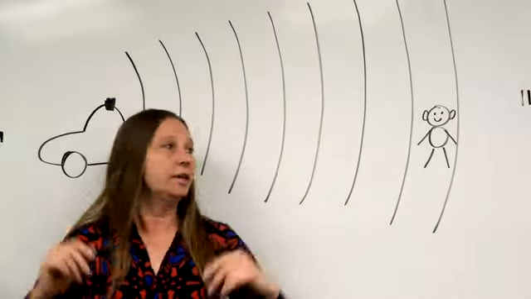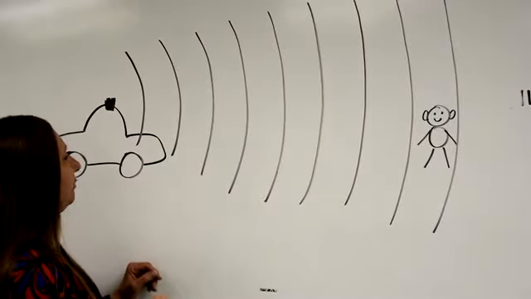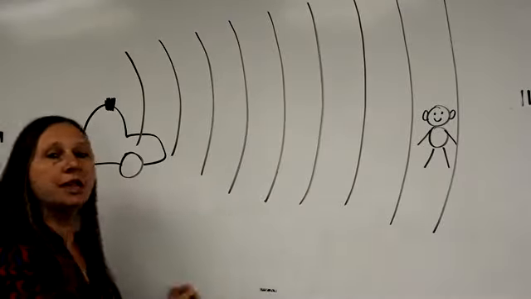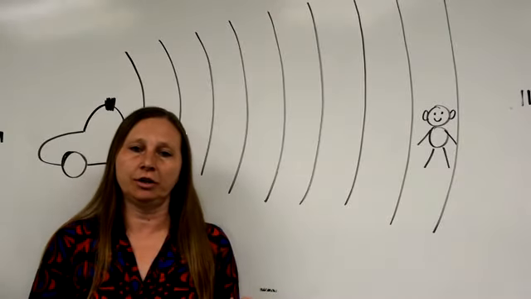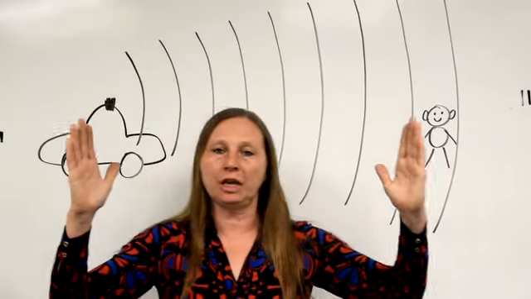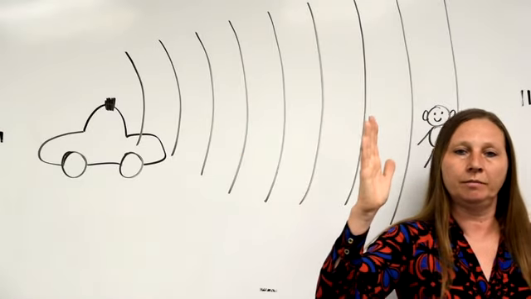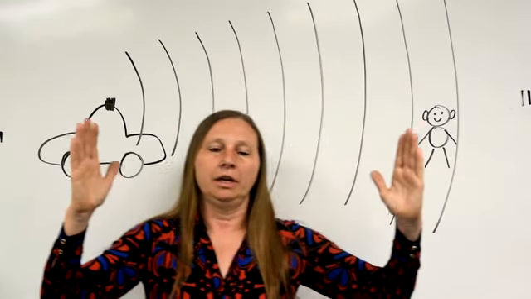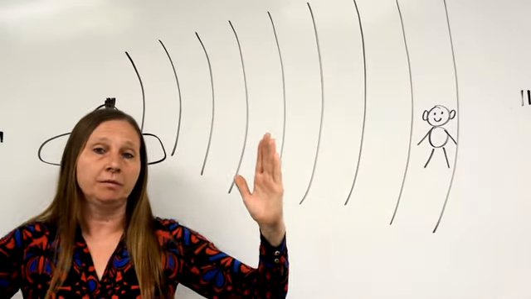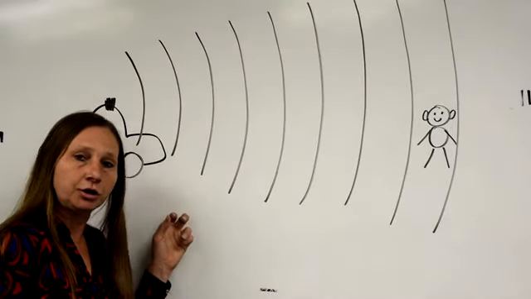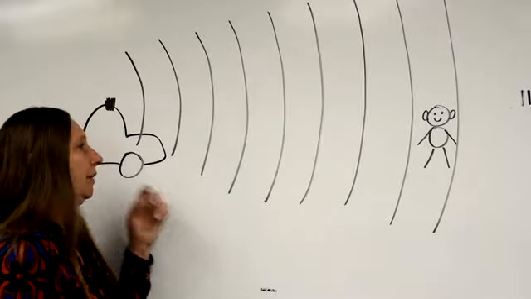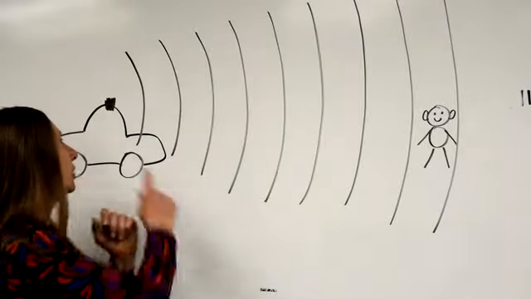It doesn't matter if they're going this way or this way. If they're both moving at the same speed, then that person hears the correct pitch that's coming from the siren.